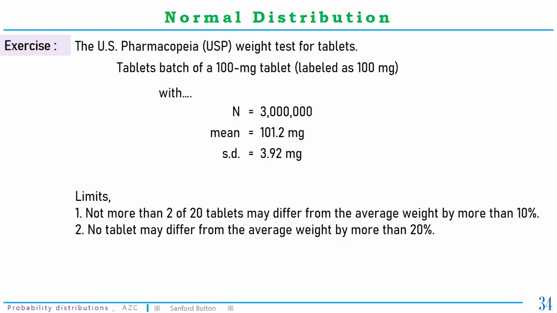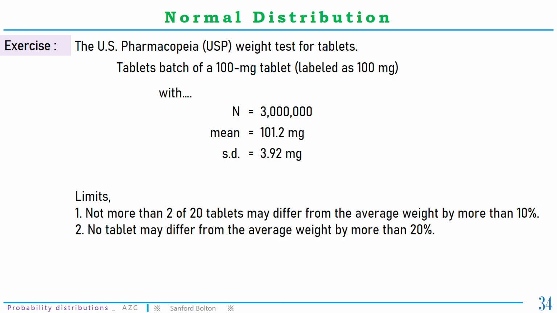Let's understand the use of standard normal distribution using an exercise. The U.S. Pharmacopoeia weight test for tablets. A tablet batch of 100 milligram tablets, with N is 3 million. Mean is 101.2 milligrams. Standard deviation is 3.92 milligrams.